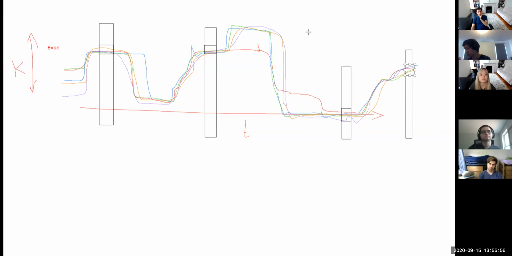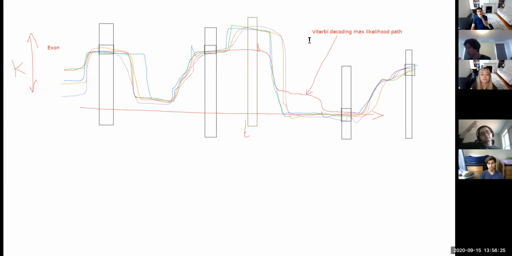However, there are other places where there's more uncertainty. So for example, if I ask you, what state am I in here? It's possible that the most likely path, let's say this red path here, is actually the Viterbi decoding, the max likelihood path.